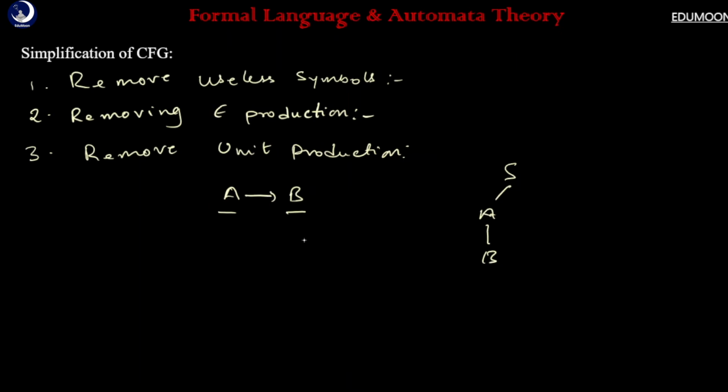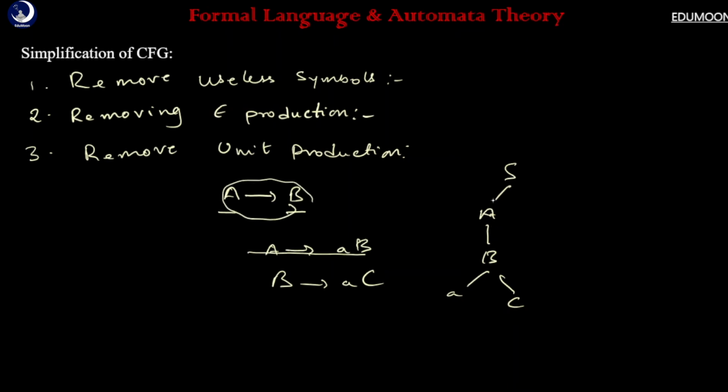For example, if A is generating some variables, you might get two symbols, but the unit production will generate only one symbol. Assume B can have a production like AC, which generates two symbols. This unit production is increasing the level of the tree.